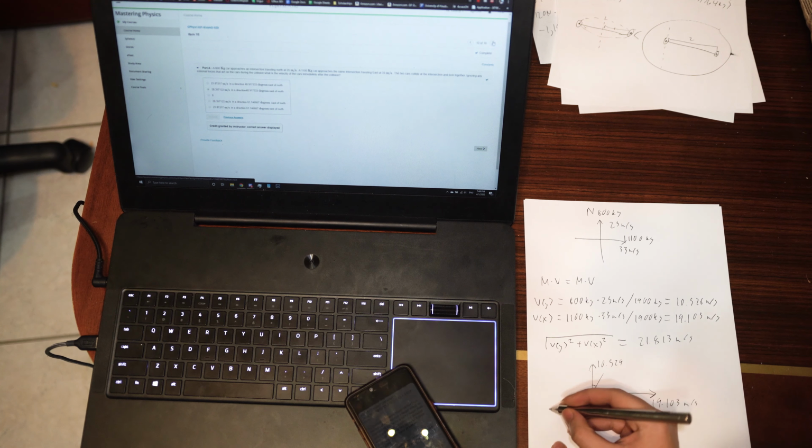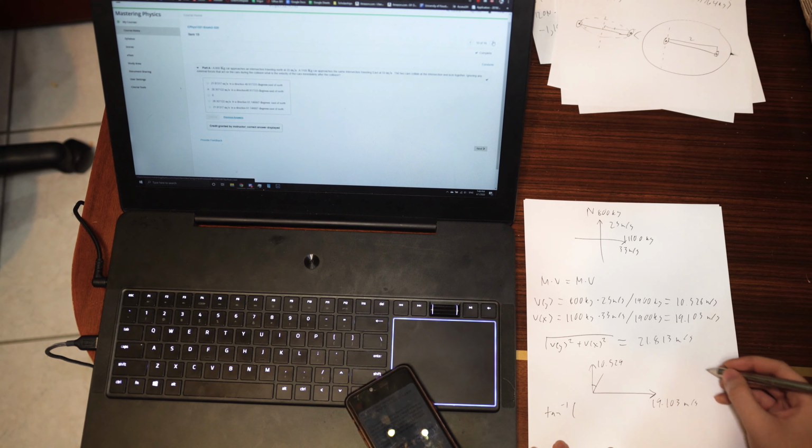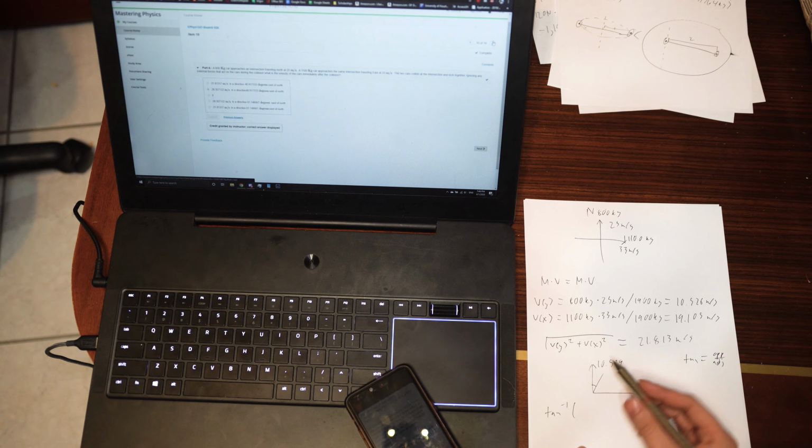So in order to do that, I can use tangent. Tangent is equal to opposite over adjacent. This is a simple trig. If you don't know it, don't worry about it. Just know this. So in this case, I'm going to plug in the opposite. In that case, that's whatever value that is. So that's my 19.103.